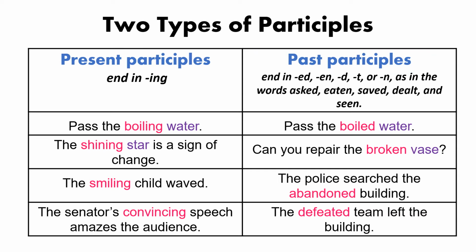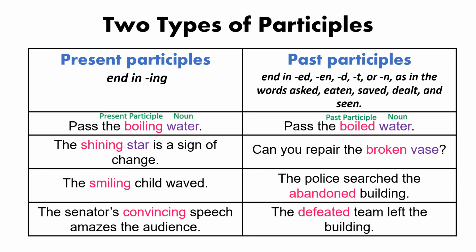For the present participle, we have: pass the boiling water. Boiling, which ends in ing, is the present participle and describes the noun water. Then for the past participle, we have: pass the boiled water. Boiled is our past participle and it describes the noun water.